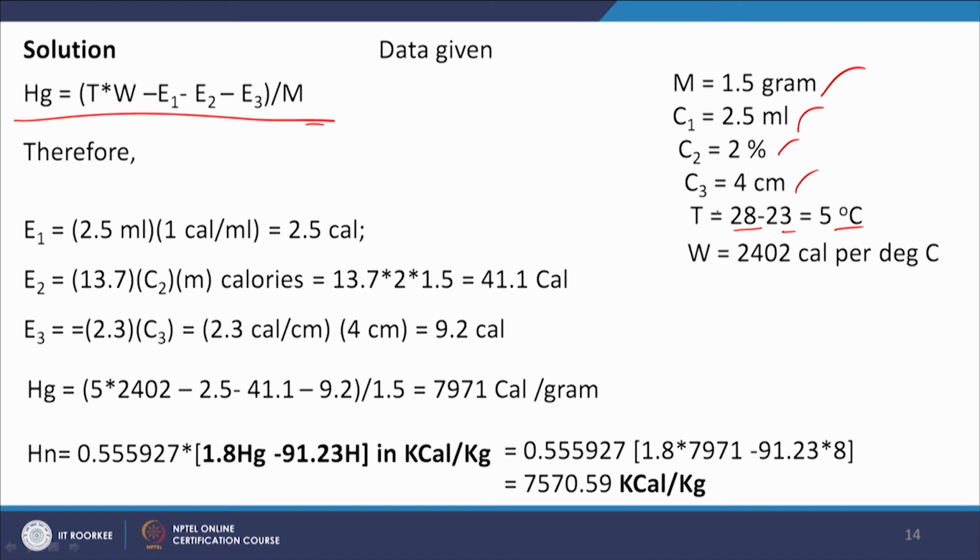That is equal to del T basically, and W is equal to 2402 calorie per degree centigrade, as given in the statement.